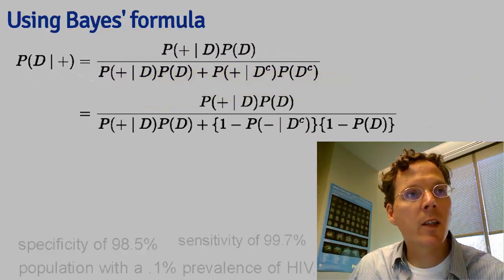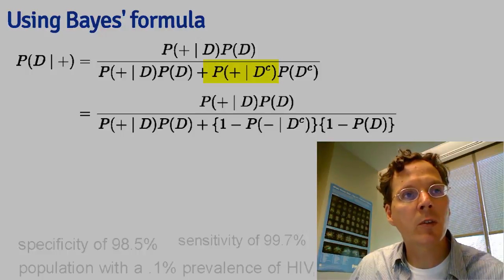And again, it's not immediately clear where the numbers from the problem are coming from here, but let's just note that the probability of a positive test result, given that the person does not have the disease, is 1 minus the probability of a negative test result, given that the person does not have the disease, or that's 1 minus the specificity.